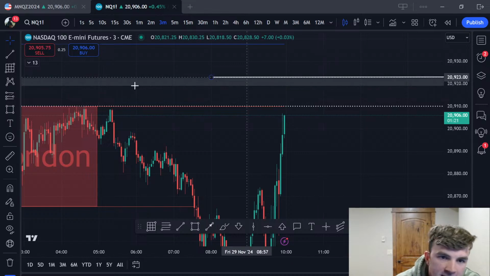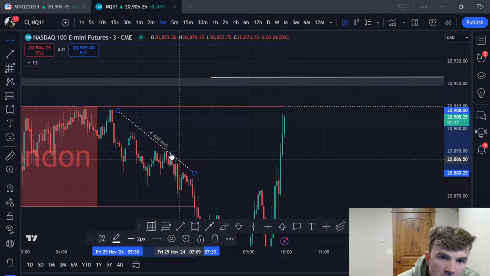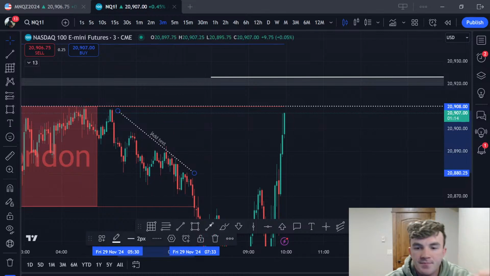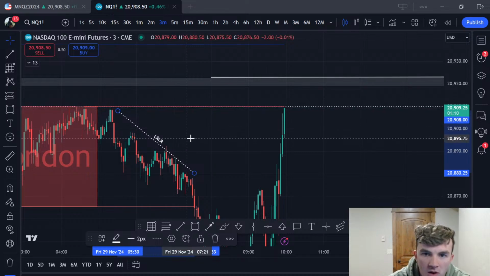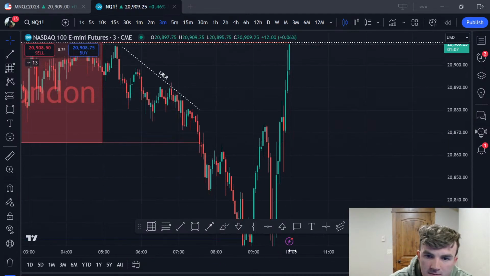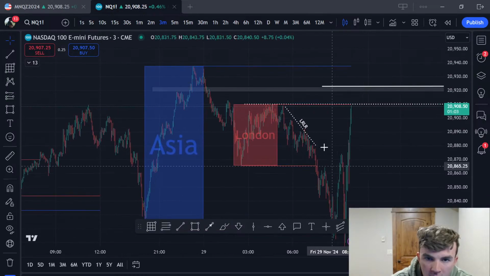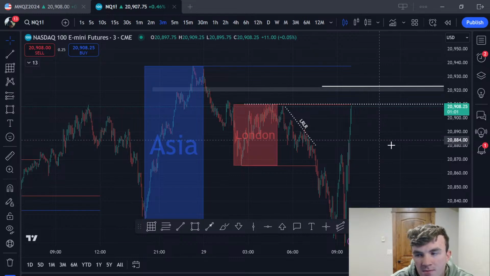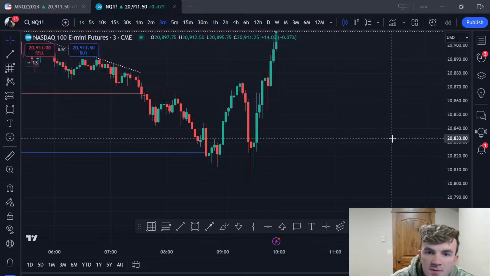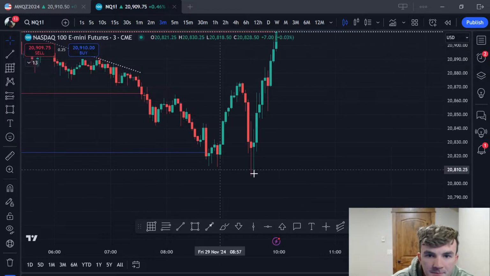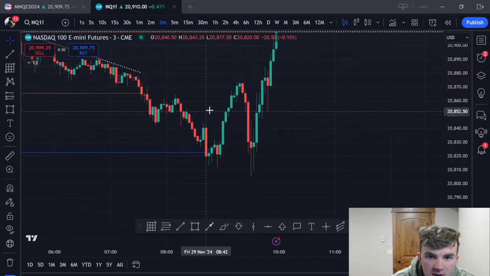Alright. You can see how all this was low resistance. This was a nice inversion right here.